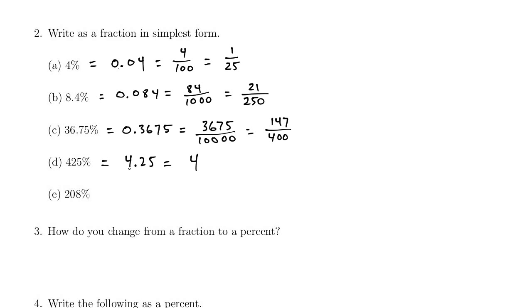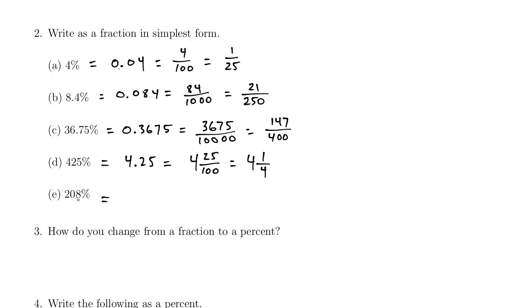So 4, the whole number stays the same. Then the decimal part is going to become the fraction part, so that we get 25 over 100. Okay, 4 stays the same. We reduce the fraction part, divide both the top and bottom by 25. We get 1 over 4.